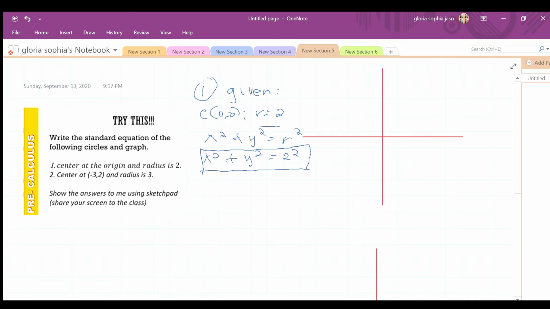Then, for the graph, so bilang lang tayo ng 2. 1, 2. From the center natin, this is the center. So, 1, 2, 2.